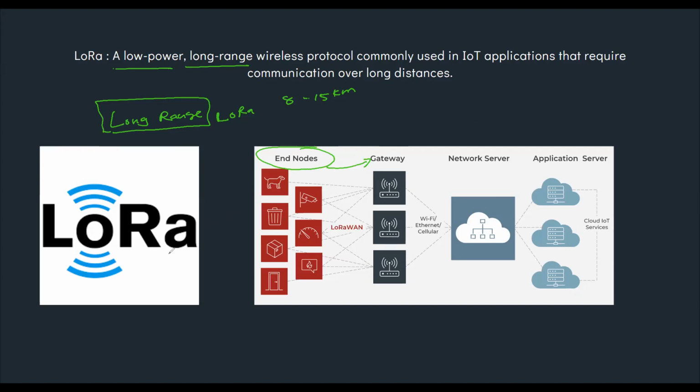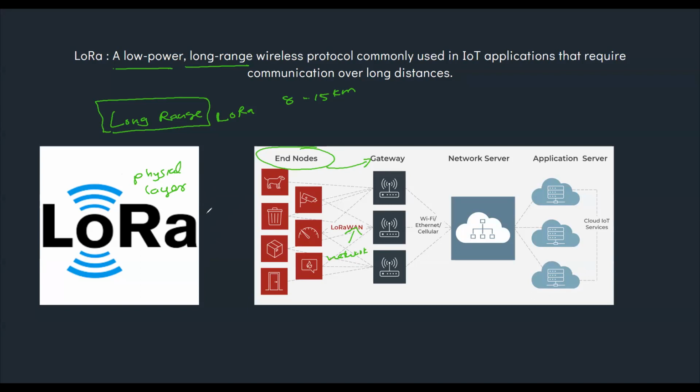LoRa technology and LoRaWAN technology are in two layers. This is in the physical layer and this is in the network layer. Network layer activities are done by the LoRaWAN protocol. LoRa technology is governed by the LoRa protocol, which defines how the physical layer transmission is done.